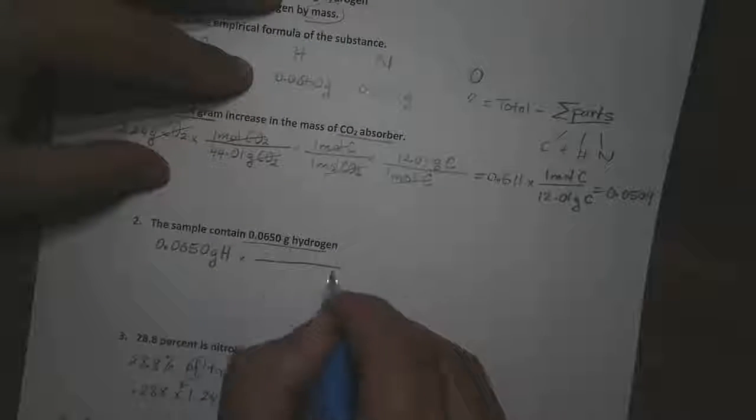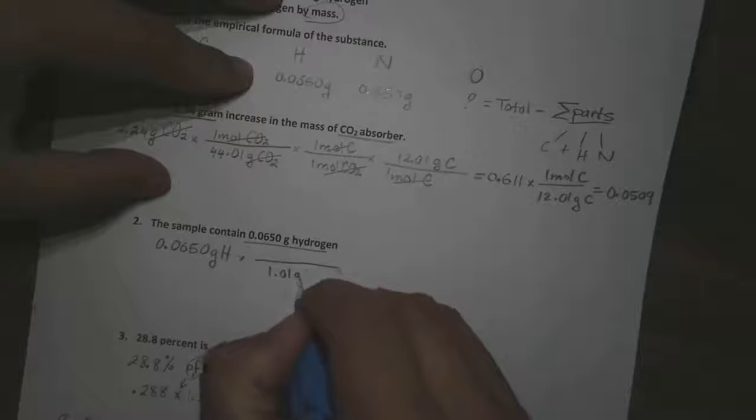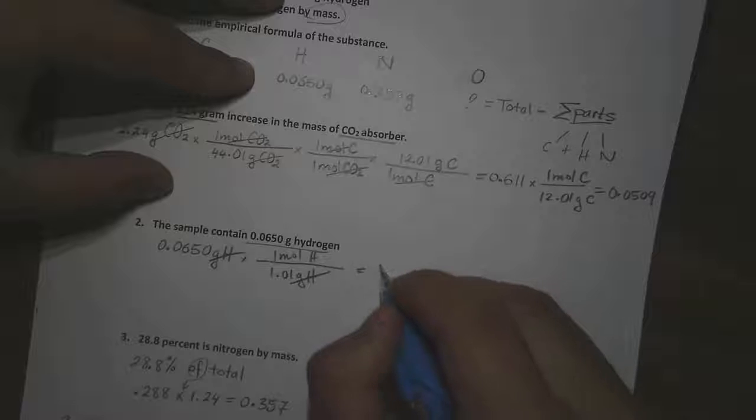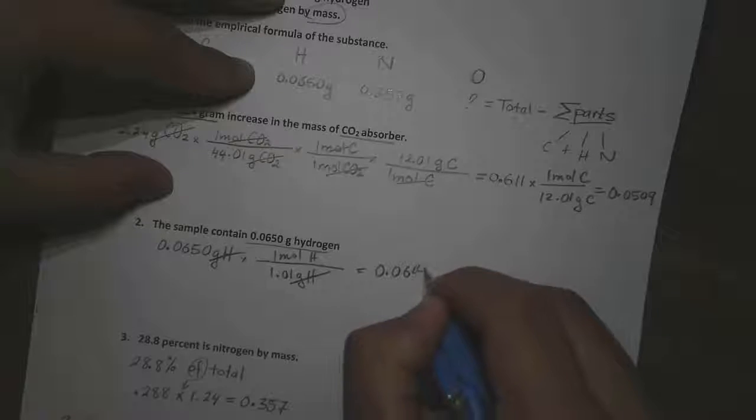And for hydrogen, we do the same thing. 1.01 grams of hydrogen, 1 mole of hydrogen on top, the grams cancel out, and that will give us 0.0644.